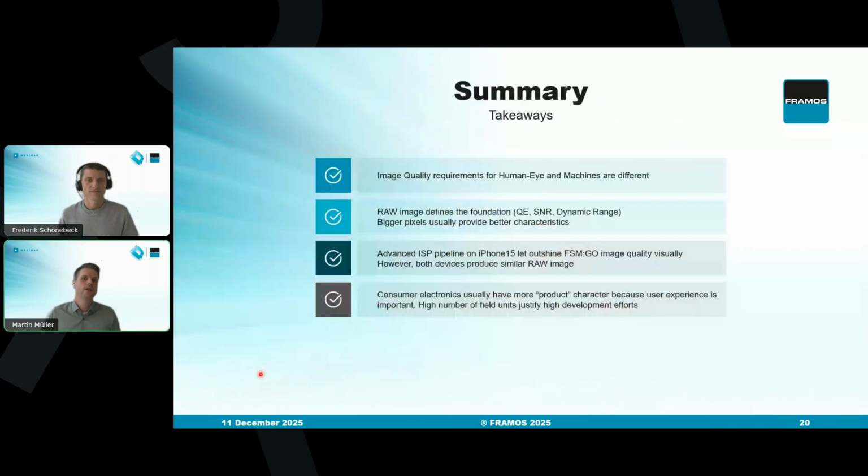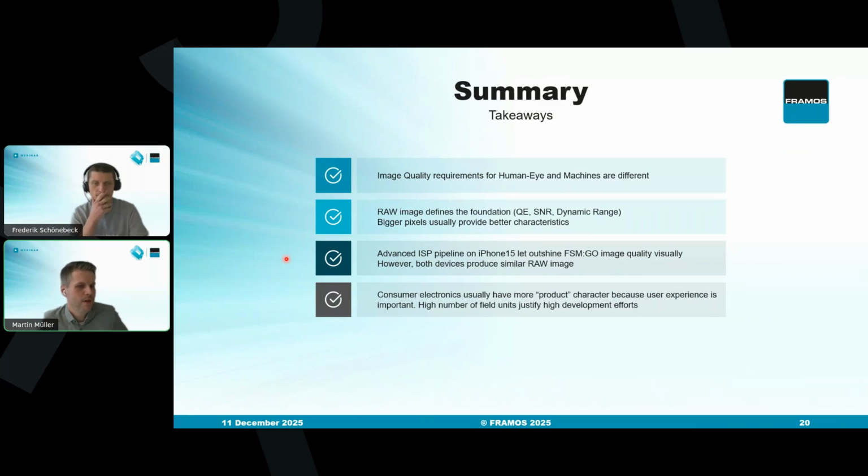So as a summary and takeaway for you, image quality is different for the human eye and machines in terms of requirements. Also, both devices need to have a good raw image, good quantum efficiency, SNR, and dynamic range. Usually bigger pixels have an advantage here. Consumer-grade devices like the iPhone 15 outshine the FSM Go image quality visually completely.